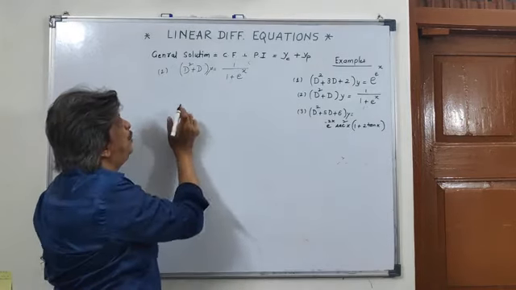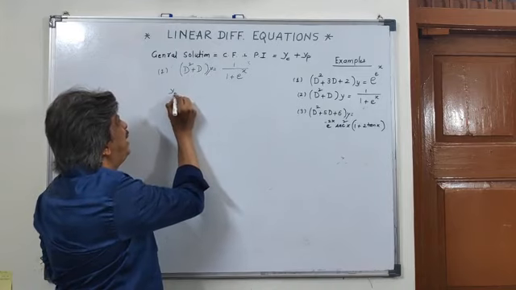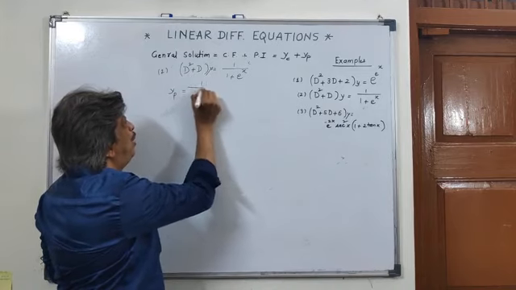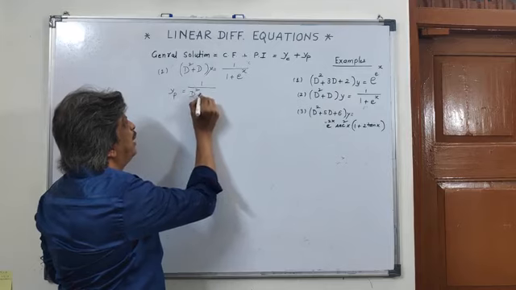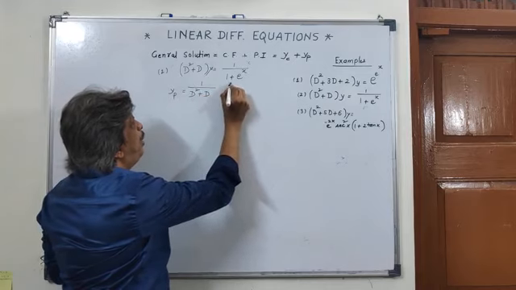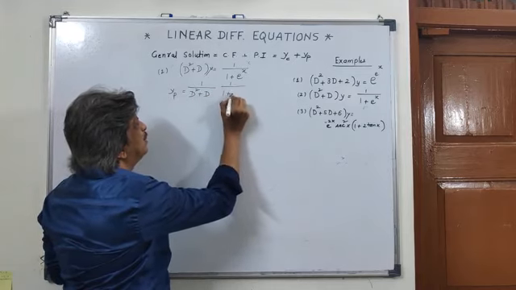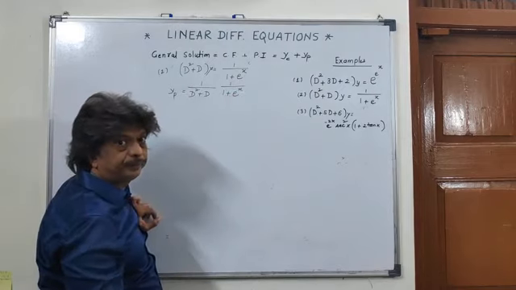F of d is d square plus d. So yp is formulated as 1 upon f of d, 1 upon d square plus d into 1 upon 1 plus e power x.